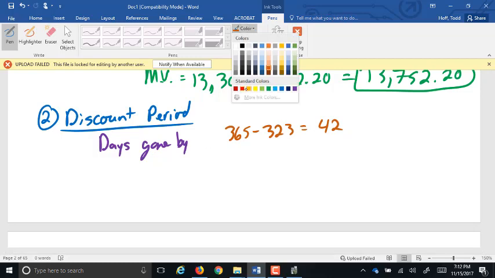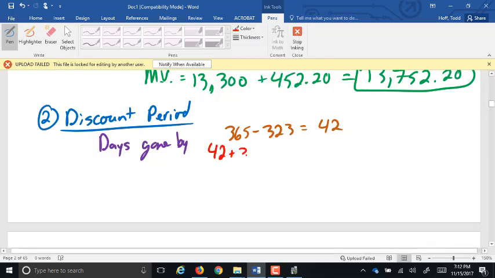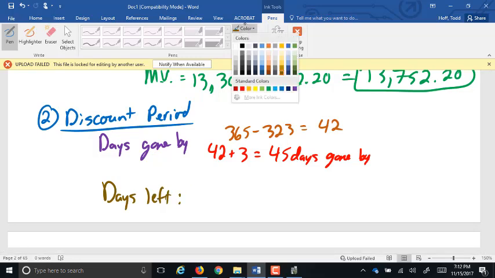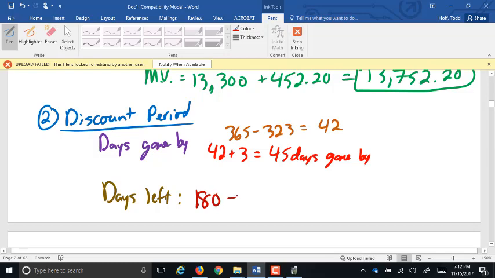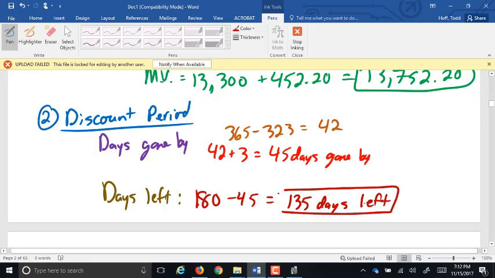So 42 days plus 3 is 45 days gone by. Then you find the days left by doing 180 minus 45, which is 135 days left. That is the discount period, 135 days.